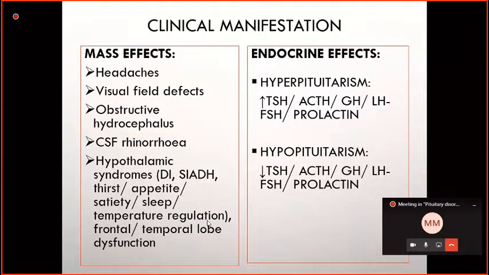Okay, so you can have endocrine defects because of abnormal increase or decrease in the hormones by the pituitary. Usually it is the anterior pituitary.